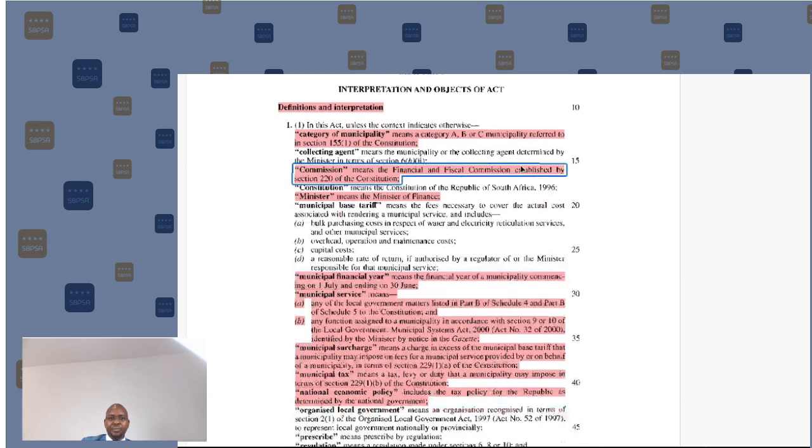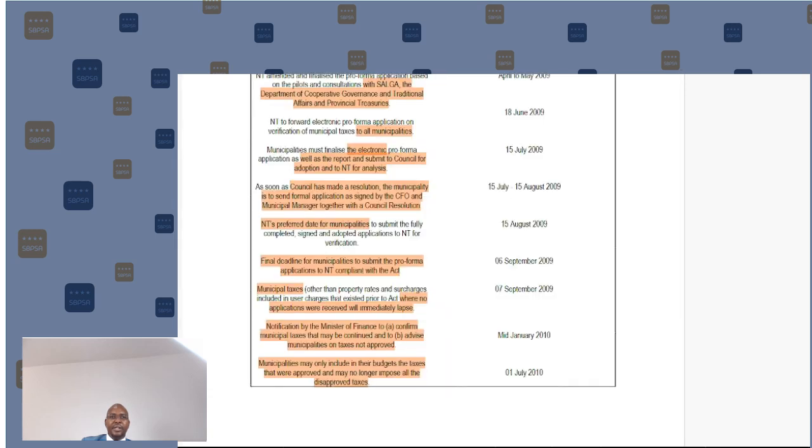Then the municipality financial year, we've already dealt with it: it starts on the 1st of July and ends on the 30th of June. I think I made a mistake myself there on the financial accounting period. I just want to check something here.